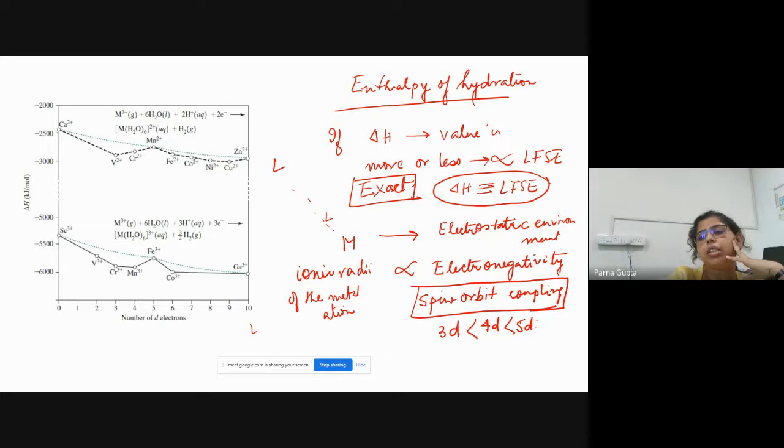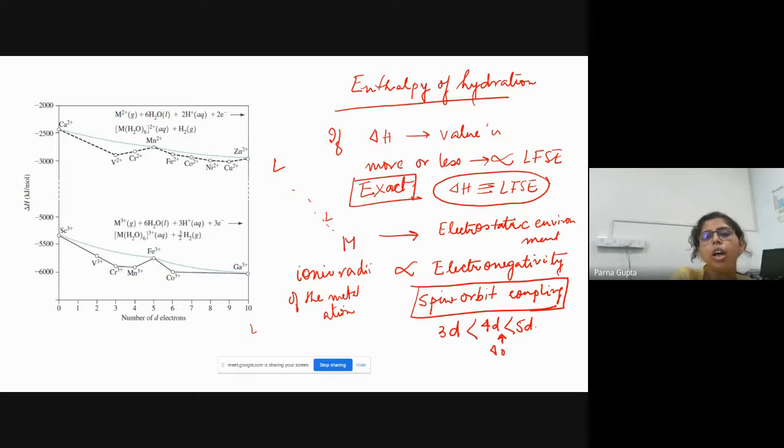For that reason, if you keep the ligand the same and go through cobalt, rhodium, and then iridium, you will see that the del zero value increases in this order, from 3d to 4d.